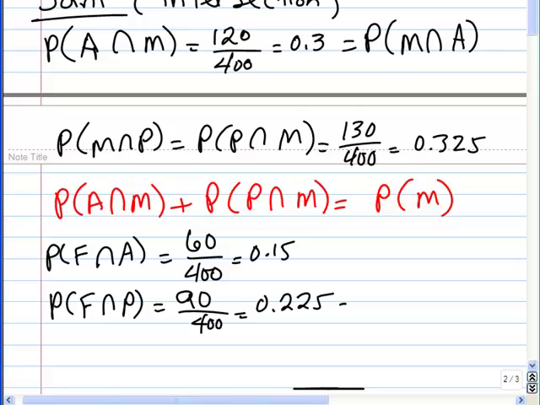Or another way of saying it, we can say this is equal to probability of F minus probability of F and A, which we computed above.